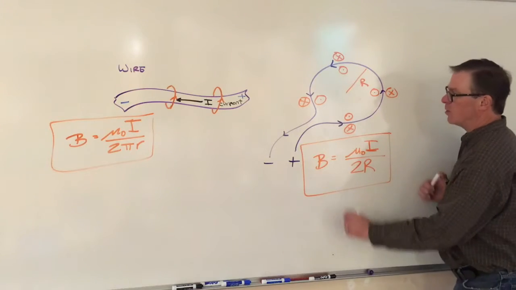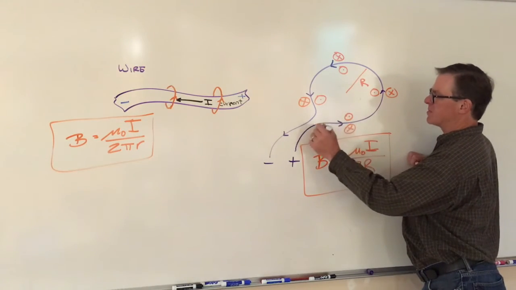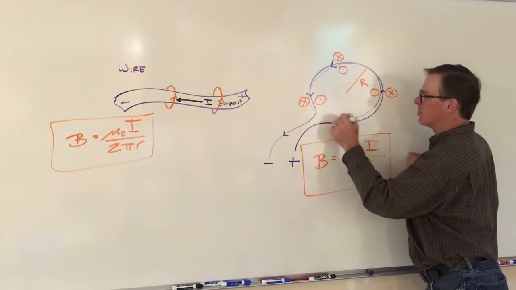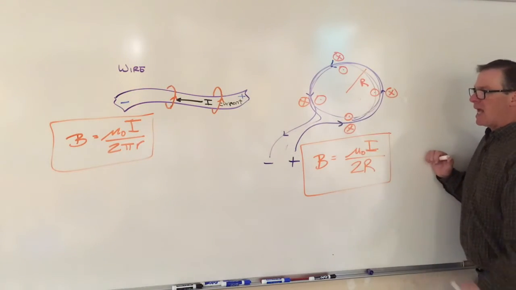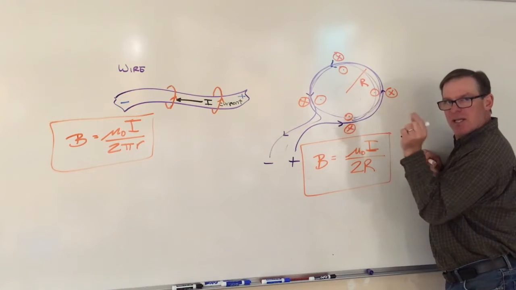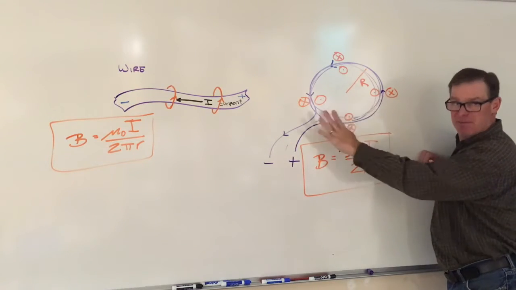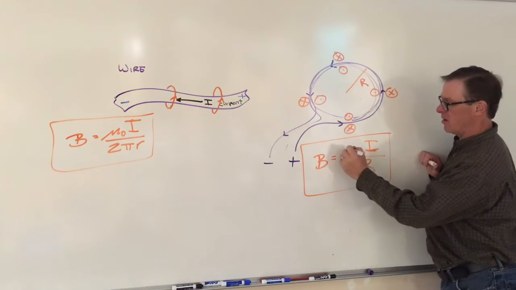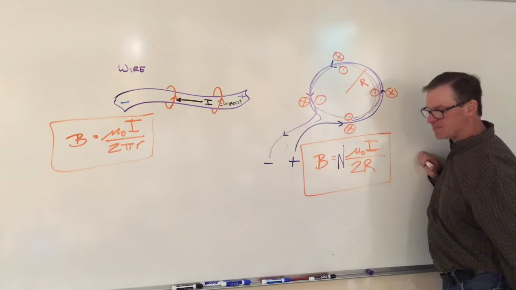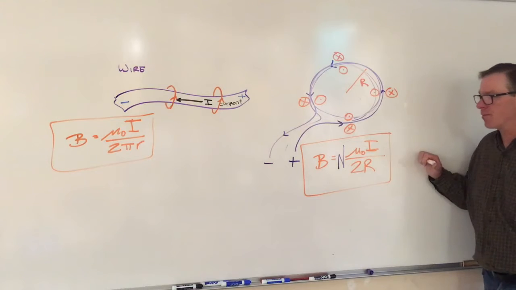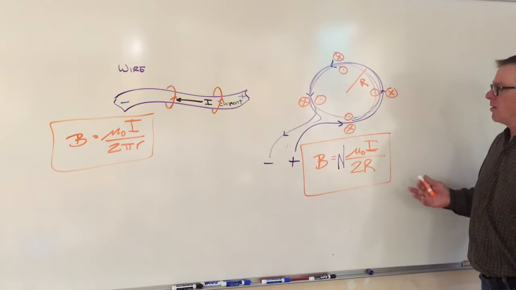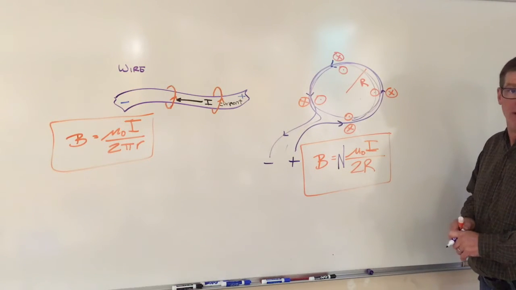If the loop is actually wrapped in multiple windings, and those windings are sufficiently close together that essentially it's still a flat coil, then we multiply the entire expression by the number of loops. So that completes the field due to a loop of wire or a coil.